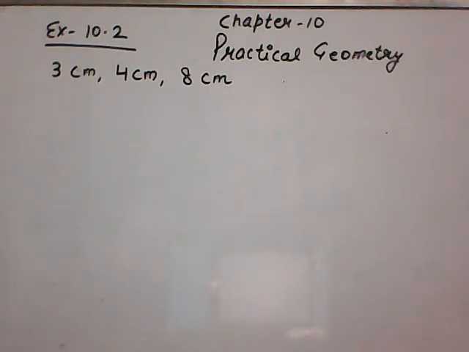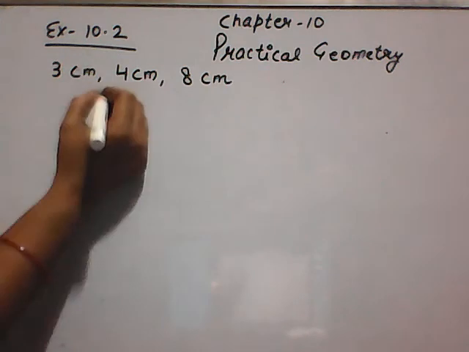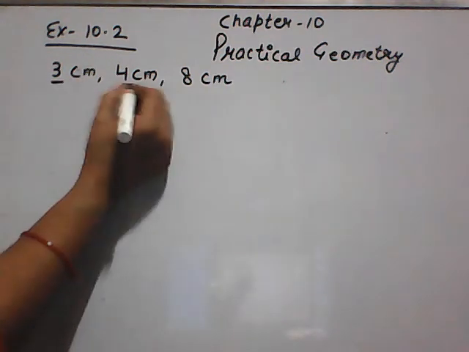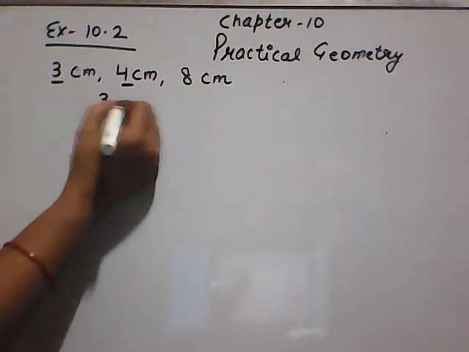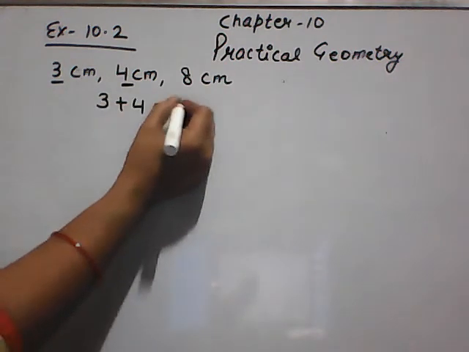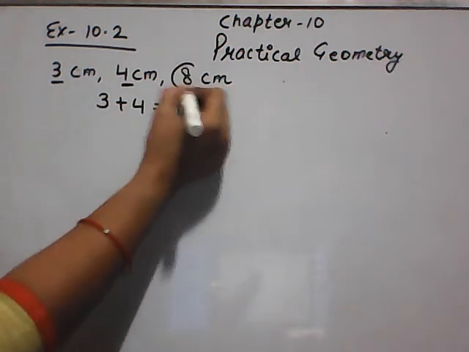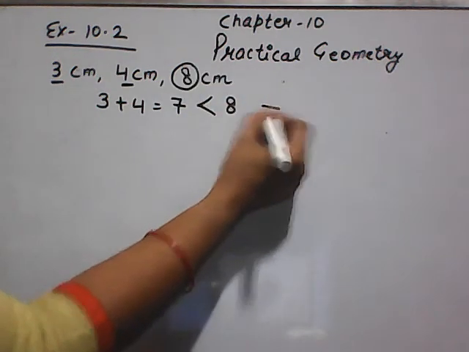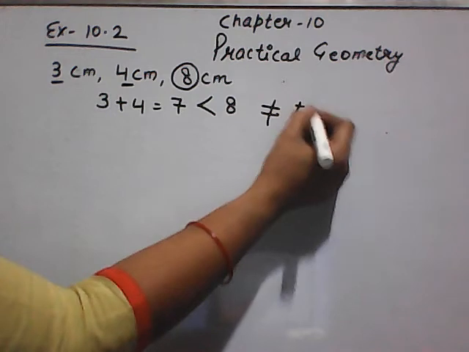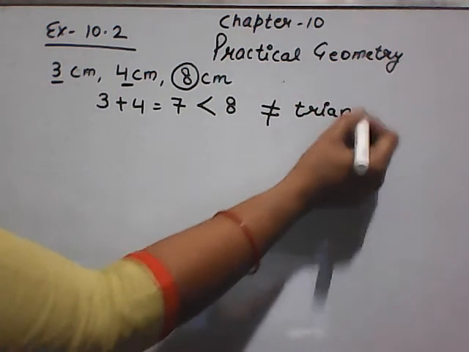You have to check the triangular inequality property. Here, the two shorter sides are 3 centimeter and 4 centimeter. The sum of the two shorter sides is 7, but the third side is 8. Here 7 is less than 8. It does not satisfy the triangular inequality property.